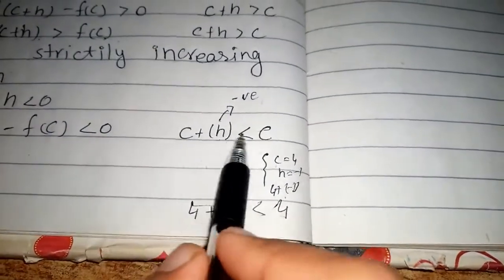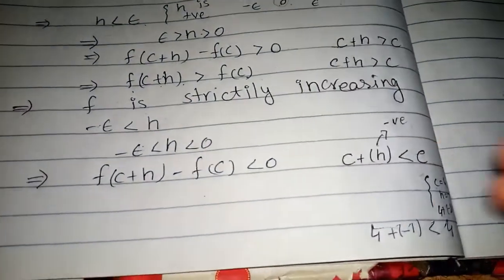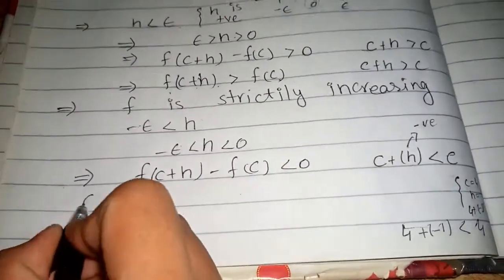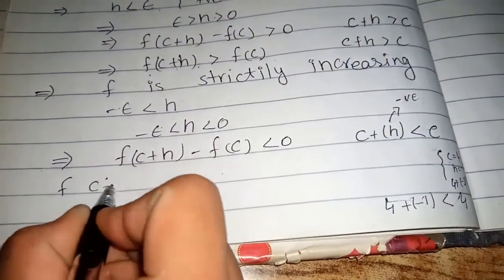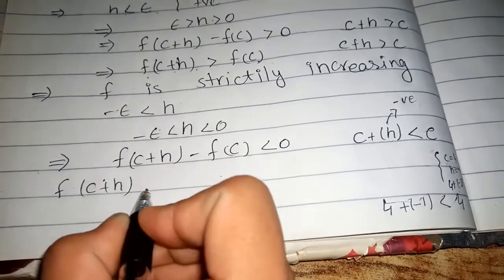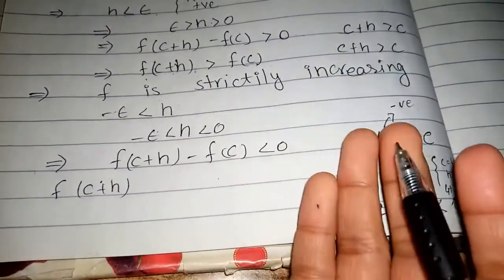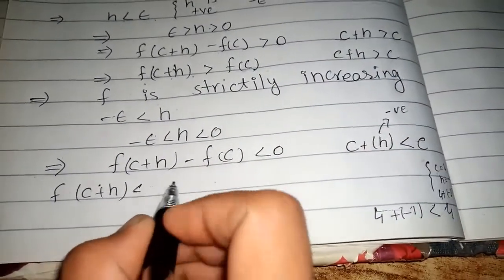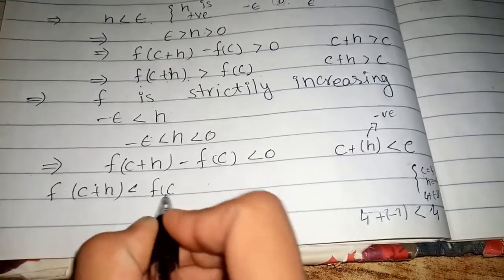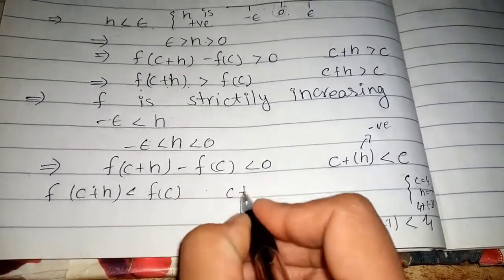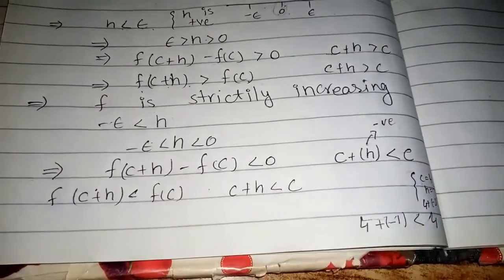So the other condition is f of c plus h minus f of c, and we take this on the other side, is less than f of c, and the point c plus h is less than c.